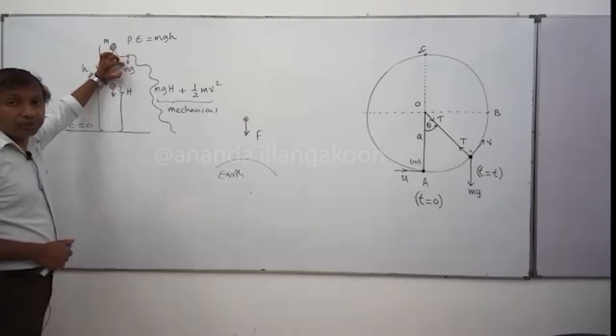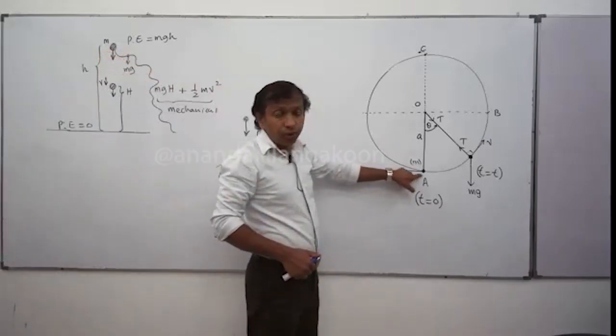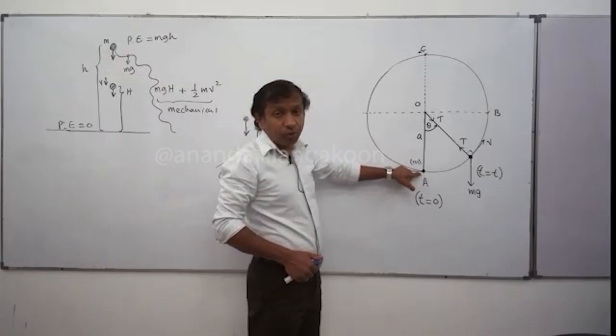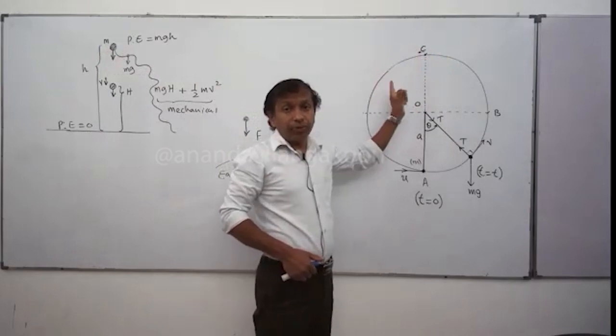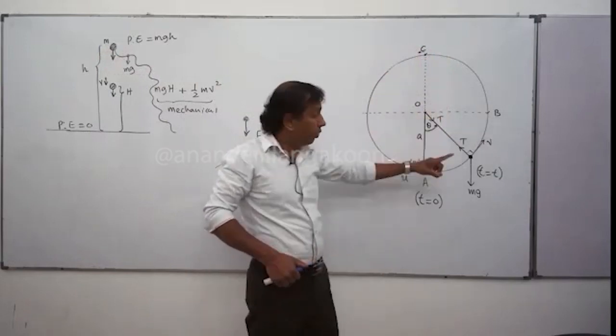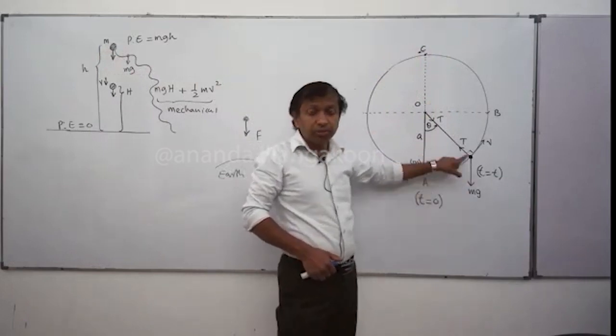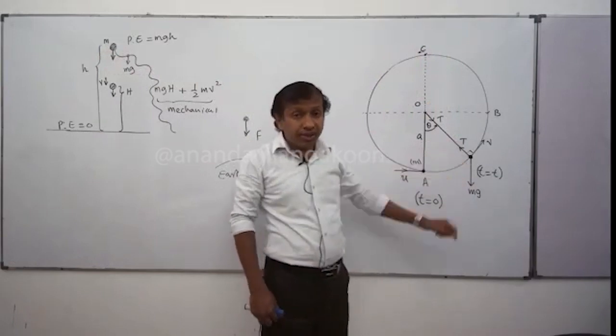No other external force. But here, this time, the particle is moving in a circle under gravity, and not only the weight mg, but tension also acts on the particle. That tension is an external force.